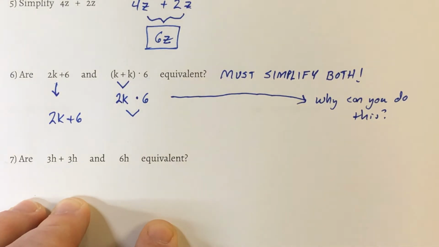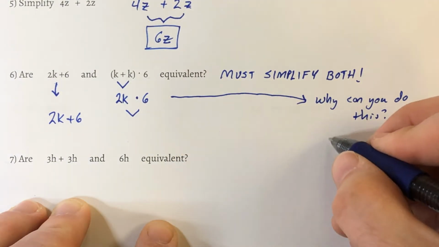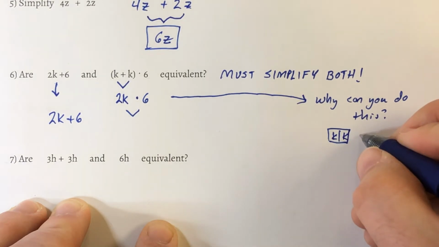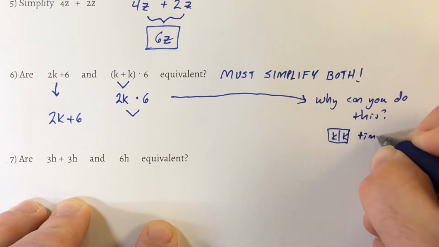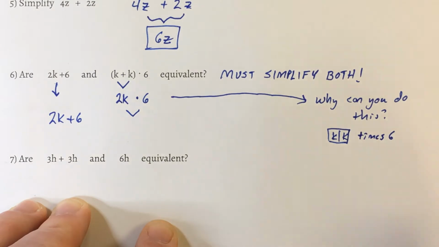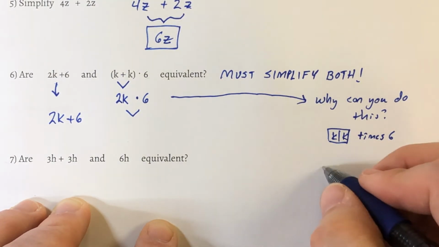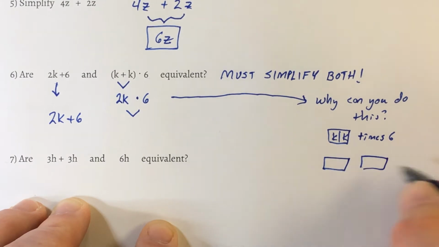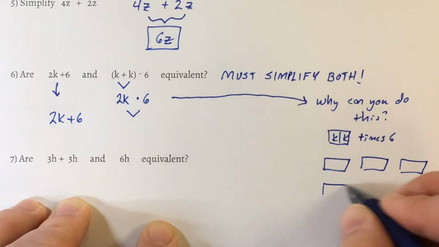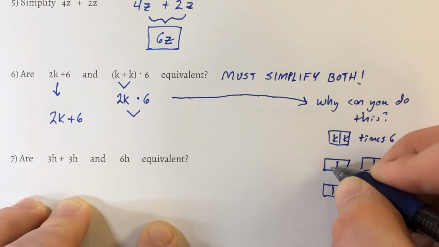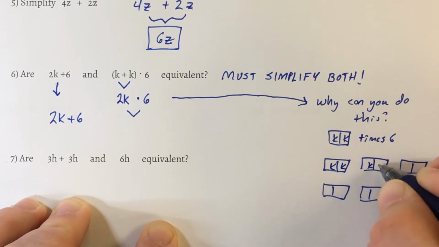Well, let's think of it as a picture. 2k times 6. So think, I have 2 k's, and I want to multiply by 6. What does that mean? It means I have 6 of them, right? 6 groups of them. So 1 group, 2 groups, 3 groups, 4 groups, 5 groups, 6 groups of 2k's.